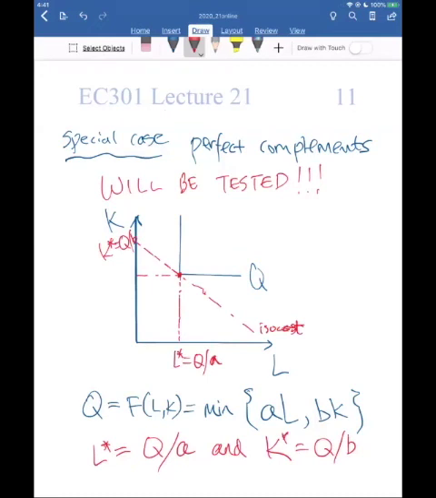So again, think economically about what this means, and how you come up with the least costly way to produce a given level of output when we have a perfect complement production function. We will have a question on this on the exam.